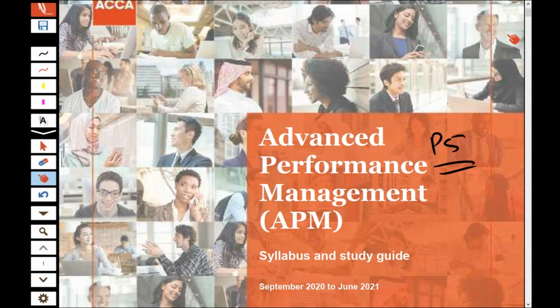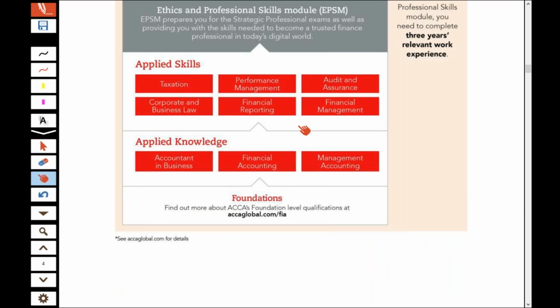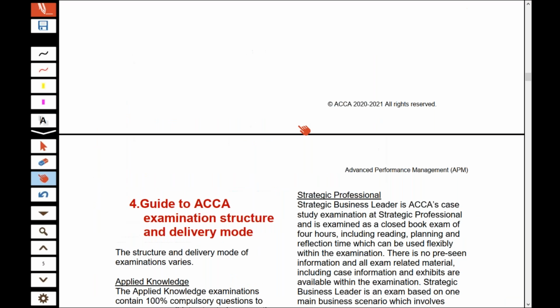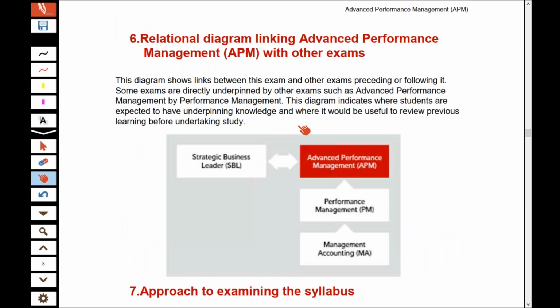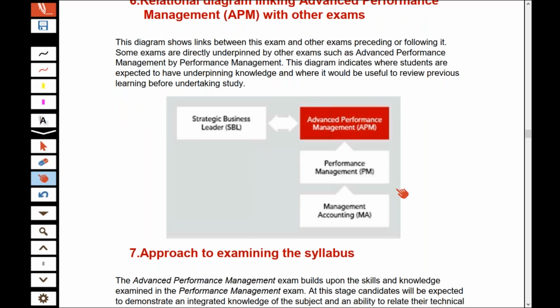So before we proceed, I could just have a quick overview of what is actually included in this APM syllabus. You would have already seen the connection of this paper APM with the other papers. One of them is the F5 Performance Management.